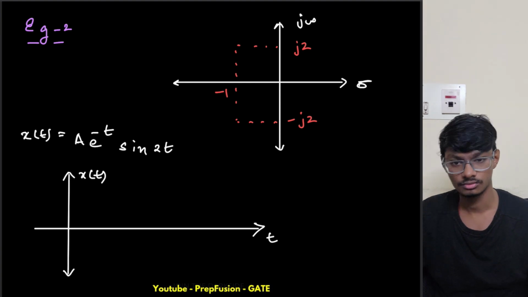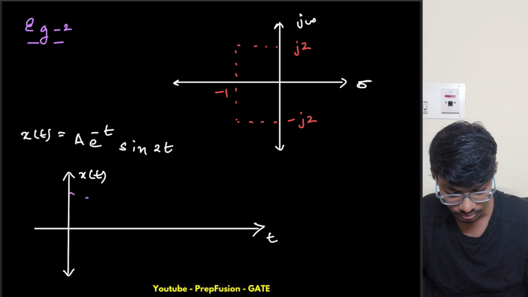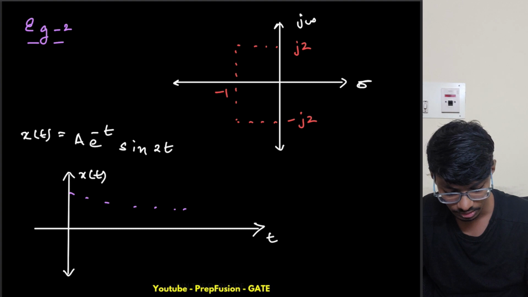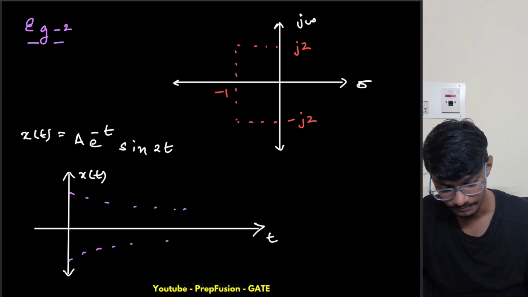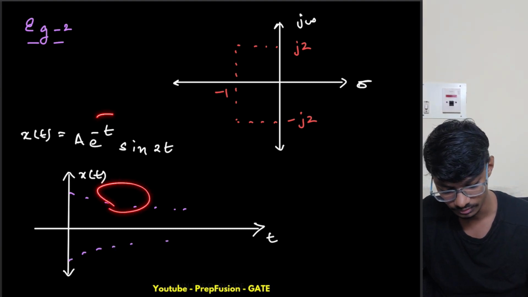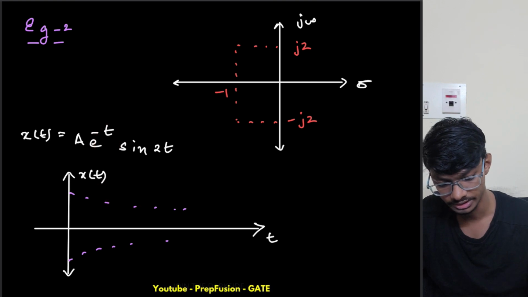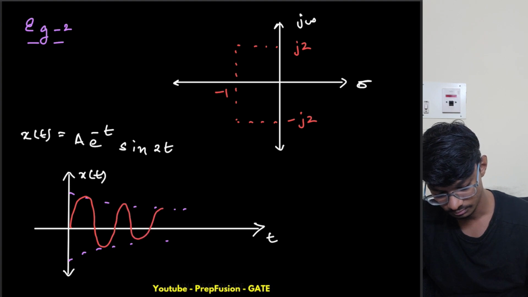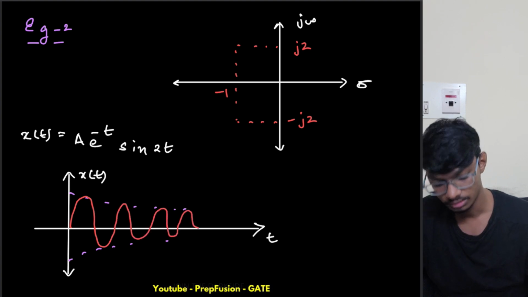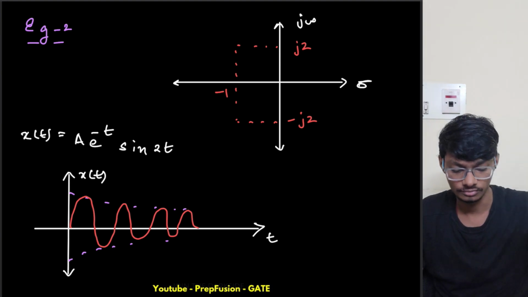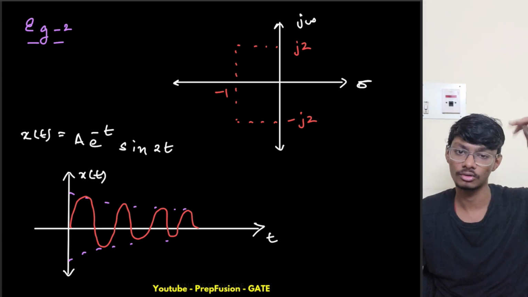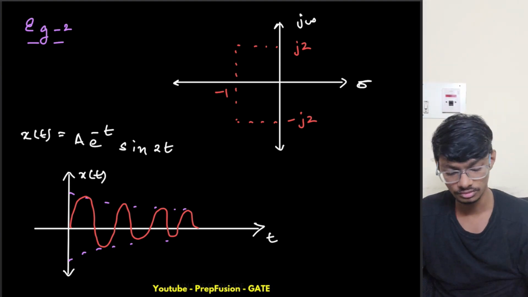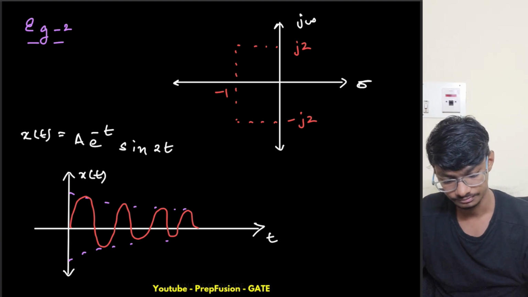First we'll draw the envelope. It will settle to 0 at steady state. This envelope is due to the exponential part. Then we'll draw the sine function. The sine function will follow this only. So it will try to settle to 0. It is trying to settle to some value, it is not going between some values. So this is a stable system.